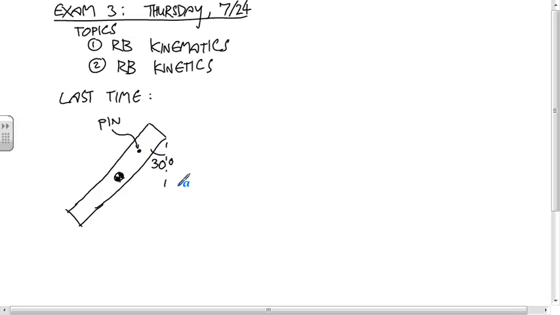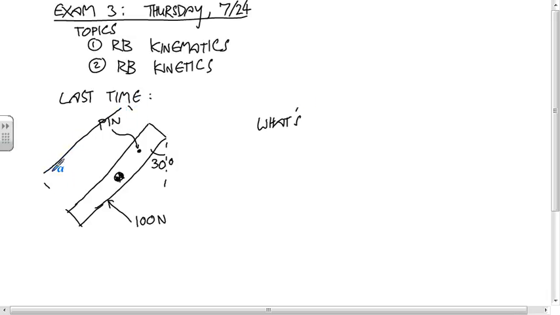And then we had a 100 Newton force going this way. And we wanted to find, let's see, what do we know else? We know the lengths.